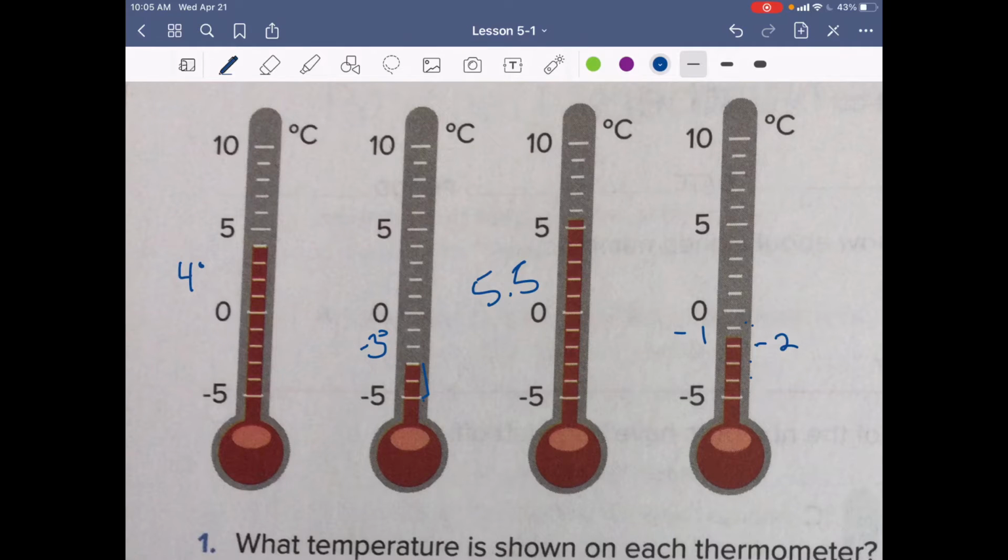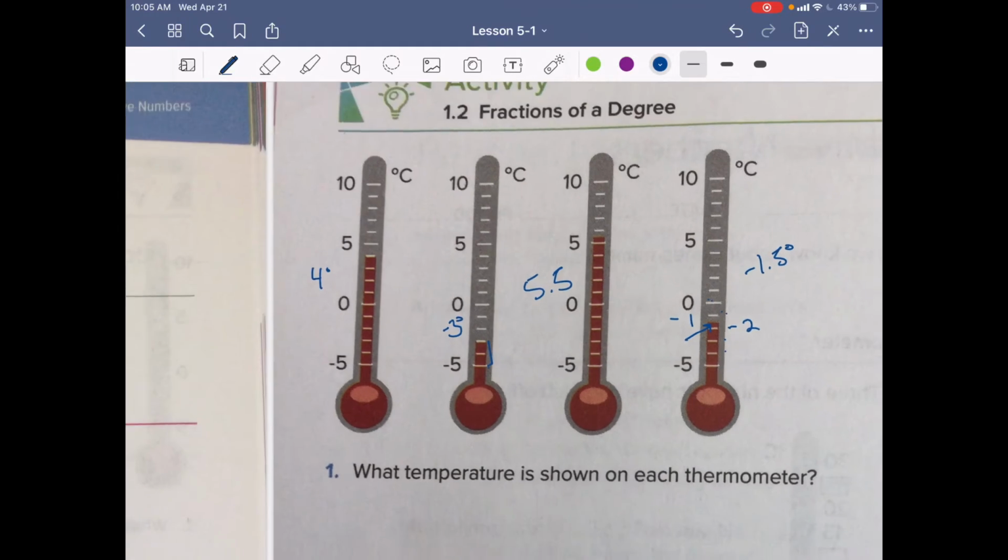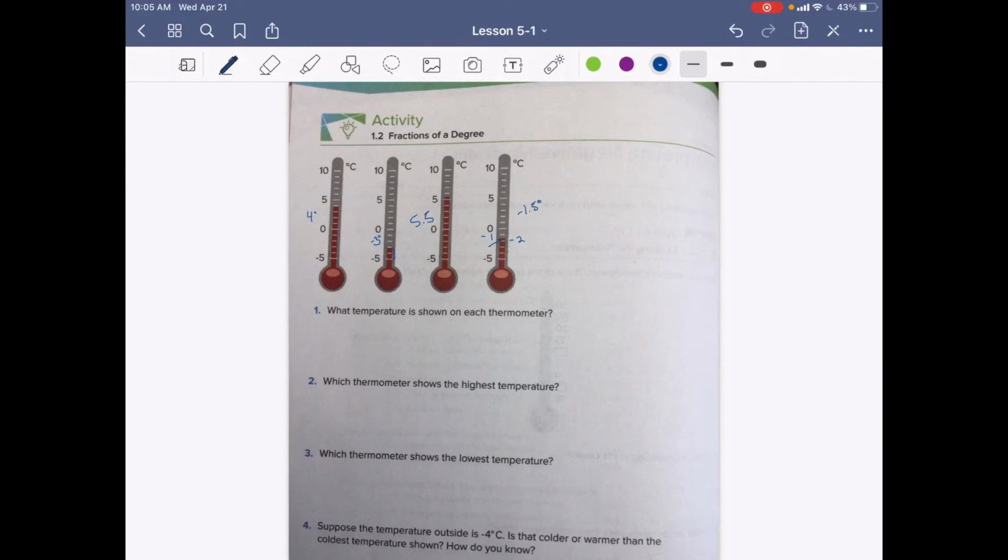So this would actually be -1.5 degrees because it's at that halfway point closer to 0. So we can say we have 4 degrees, -3 degrees, 5.5 degrees, and -1.5 degrees.